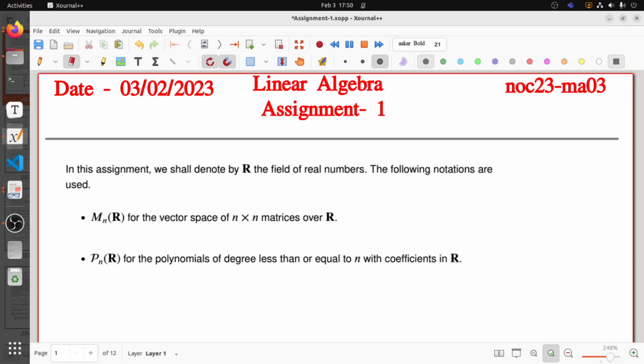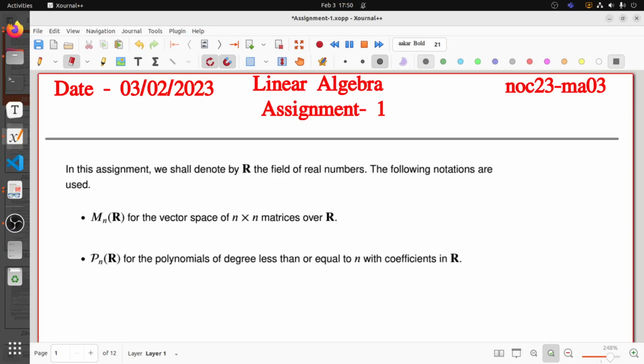So which is R. And also what is the span of B? Span of B means all C times minus 1 such that C is in R. So you get all the real numbers, right? So this is also R, which implies span of A equals span of B. So A intersection B is empty, but still span of A and B are the same. So the first one is false, right?